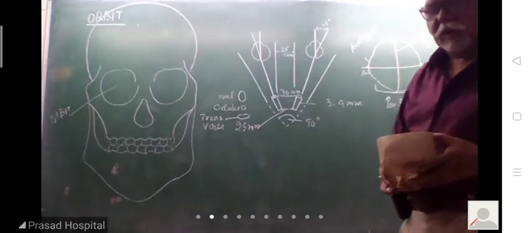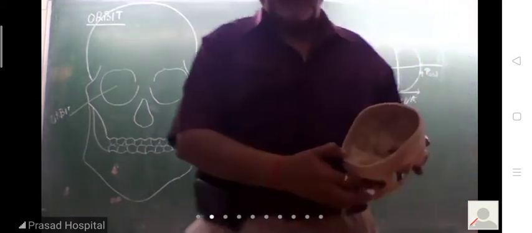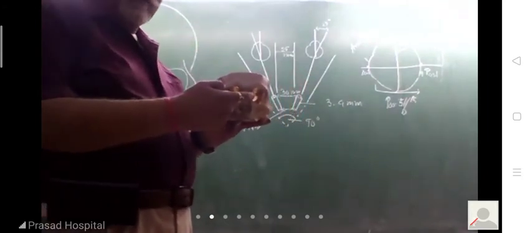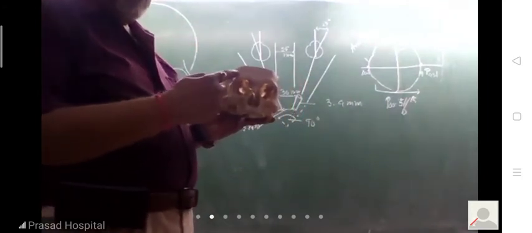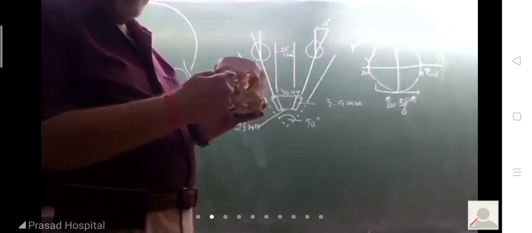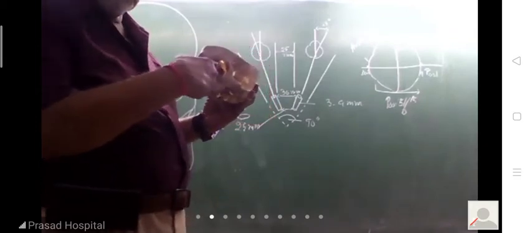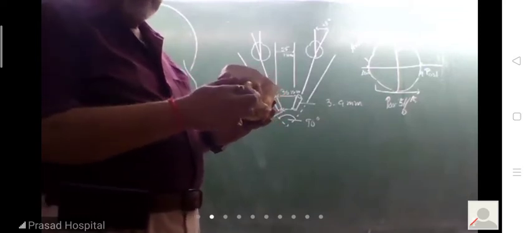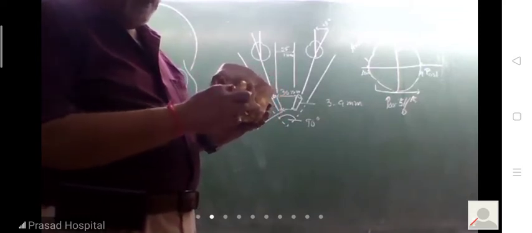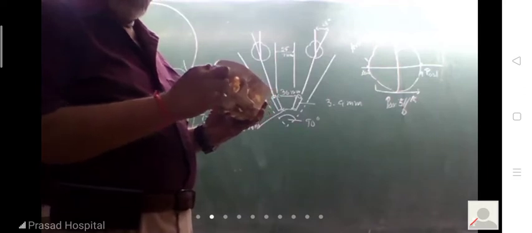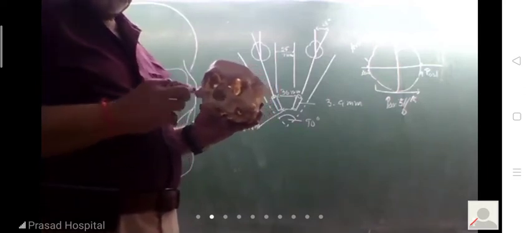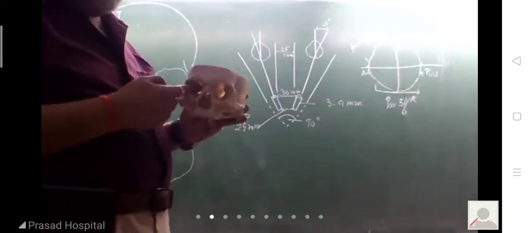So what I mean to tell you is that there are two bony sockets, and each bony socket has a base and an apex inside. So they are pyramidal in shape. The base is called the orbital margin, and the apex is towards the optic foramen.